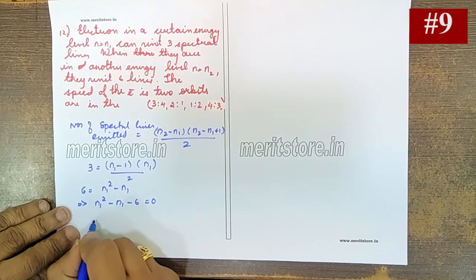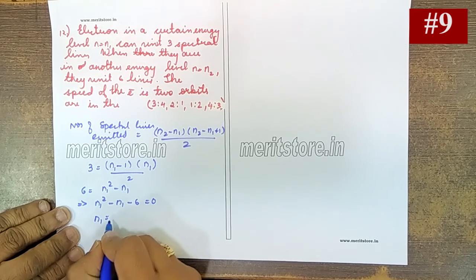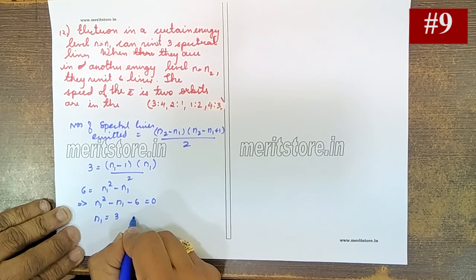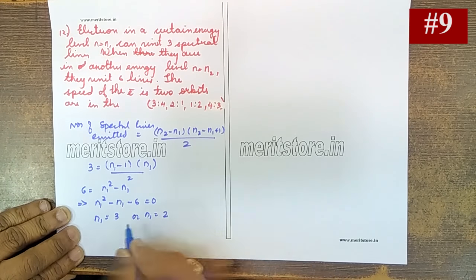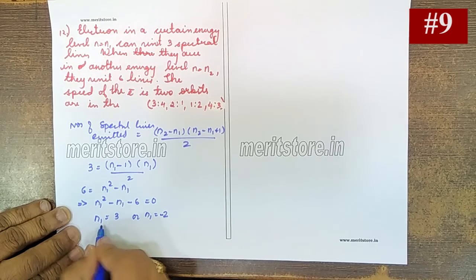Upon solving this, you will get n1 is equal to 3 or n1 is equal to minus 2. So what I take is the value n1 equal to 3.